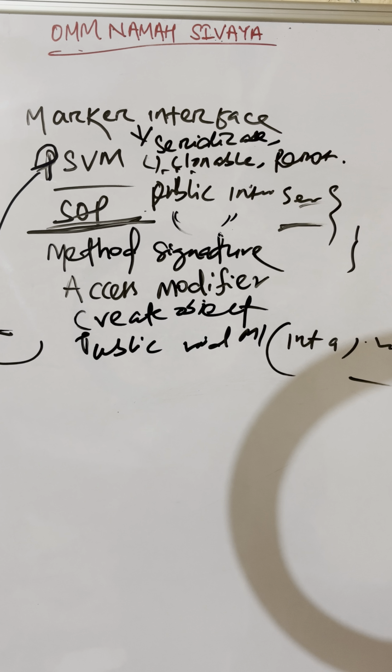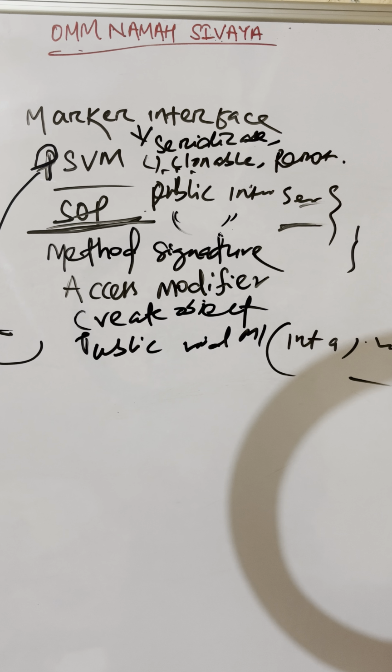Has-a relationship means we can say composition and aggregation. Mostly for reusability purposes, we use this has-a relationship. To represent this has-a relationship, we use the new keyword, okay. These are tightly coupled.